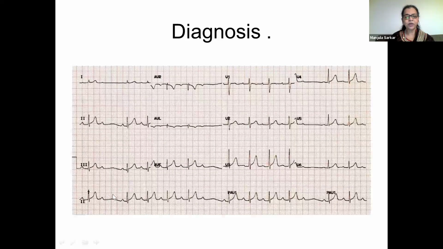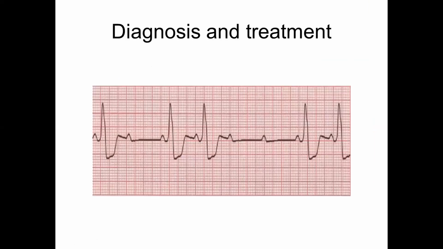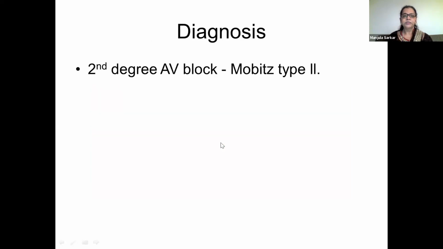Again, absent QRS complex between the two P waves, right? Yes, ma'am. So this is heart block Mobitz type 1. This is Mobitz type 2. There is no clear-cut regular pattern between the leads. Second degree AV block Mobitz type 2.